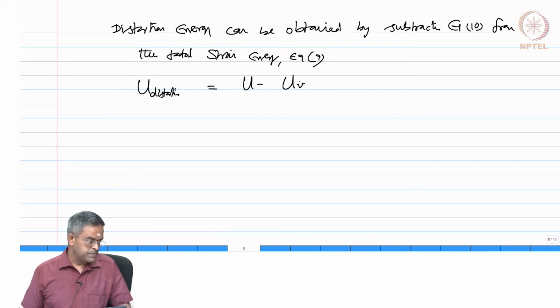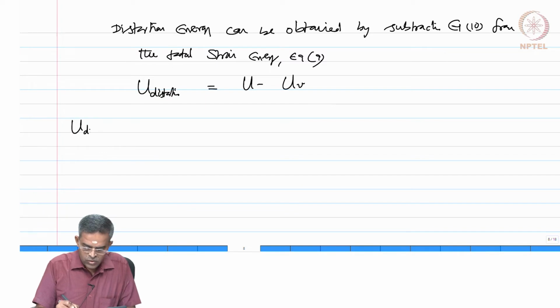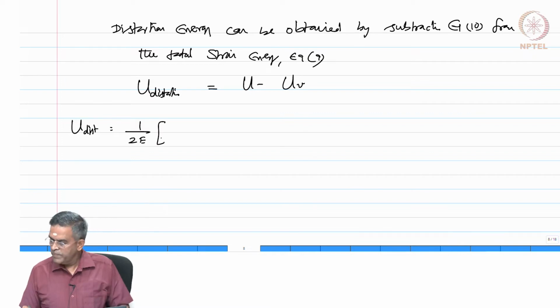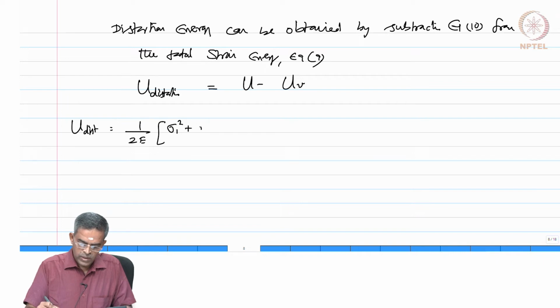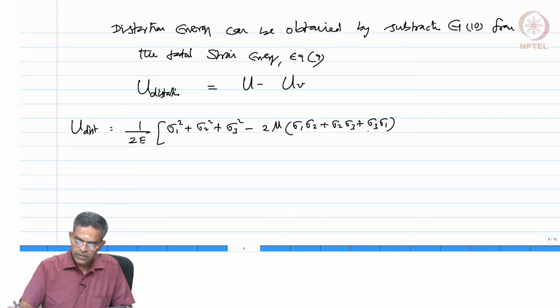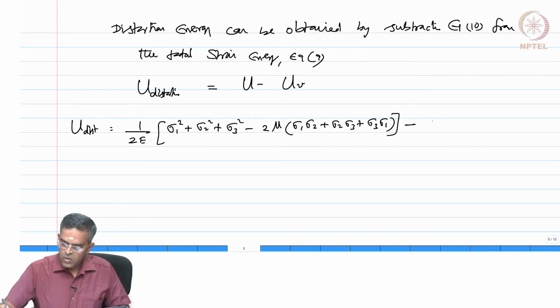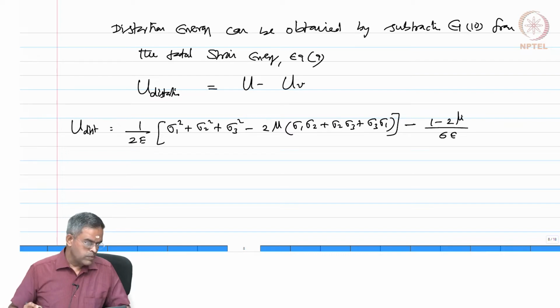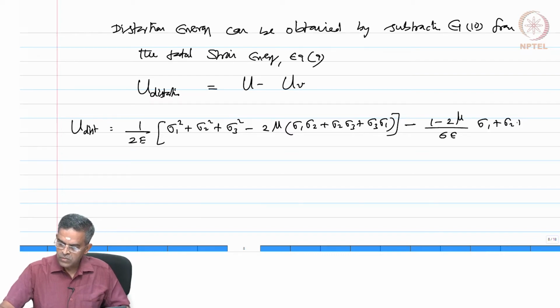Okay, let us do that. So, let us write down that U distortion will be 1 by 2E of sigma 1 square plus sigma 2 square plus sigma 3 square minus 2 mu of the products, minus (1 minus 2 mu) by 6E of (sigma 1 plus sigma 2 plus sigma 3) the whole square, am I right?